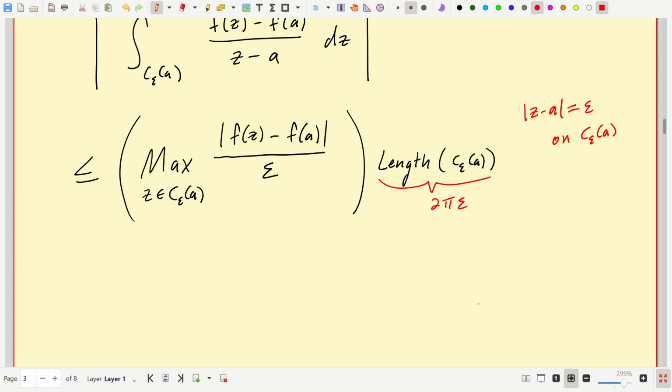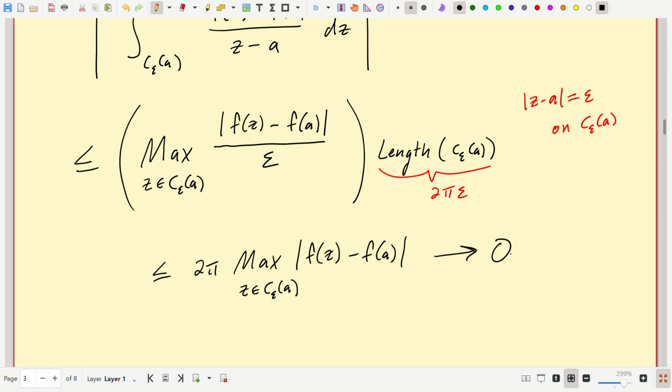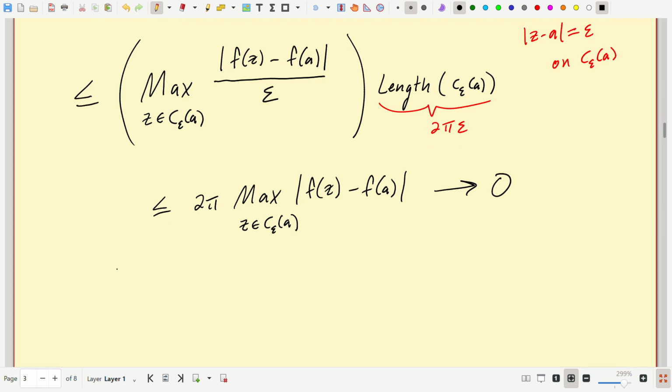And so, sure enough, that epsilon's going to cancel, and I'll get that this is less than or equal to 2 pi times the max of the modulus of f of z minus f of a when z is on that little tiny circle. And of course, that goes to 0 because f analytic implies f is continuous.